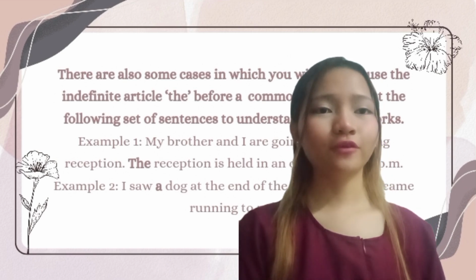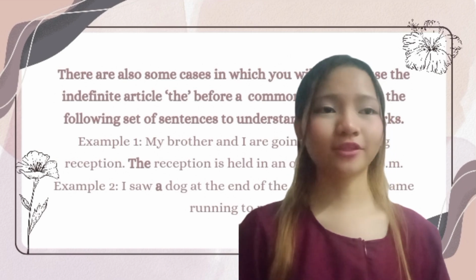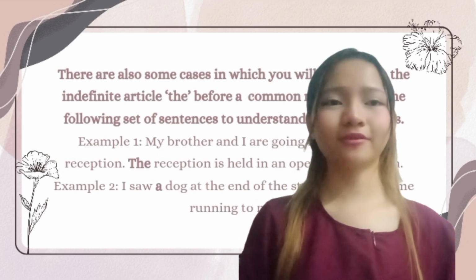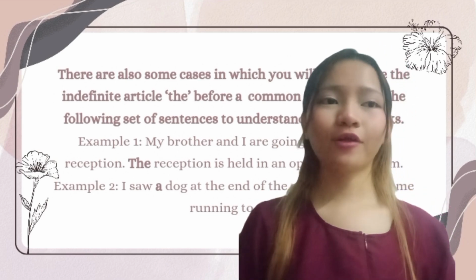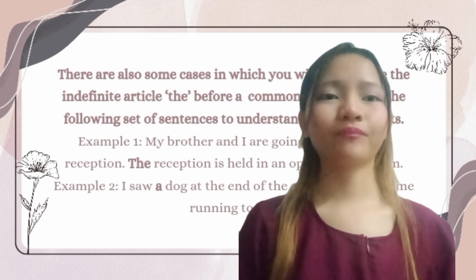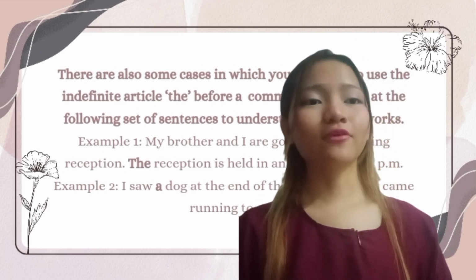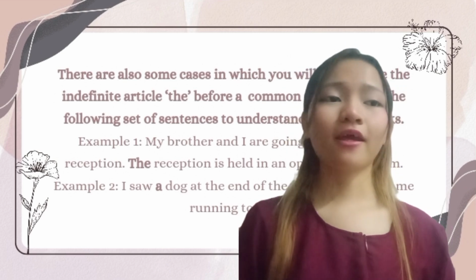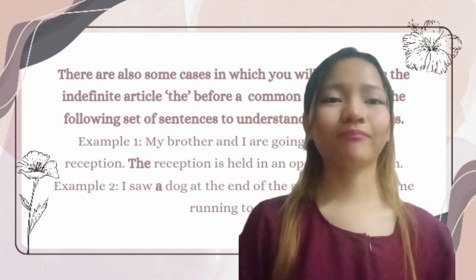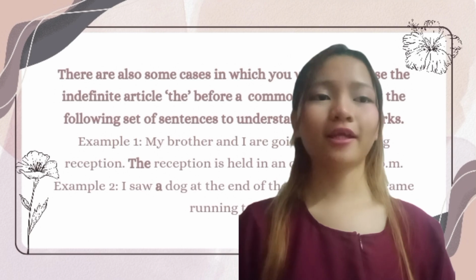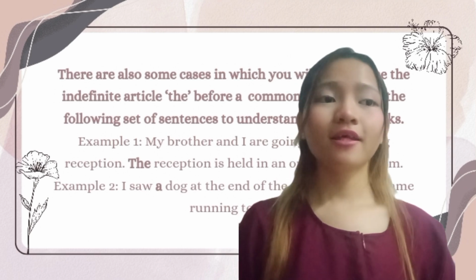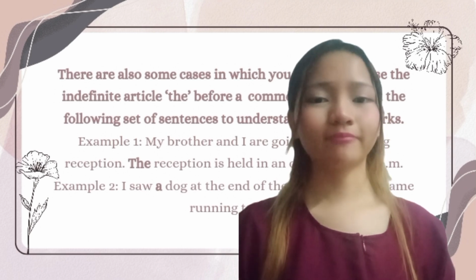There are also some cases in which you will have to use the definite article the before a common noun. Look at the following set of sentences to understand how this works. For example, number 1: my brother and I are going for a wedding reception. The reception is held in an open lawn at 7 p.m. Example number 2: I saw a dog at the end of the street. The dog came running to me.